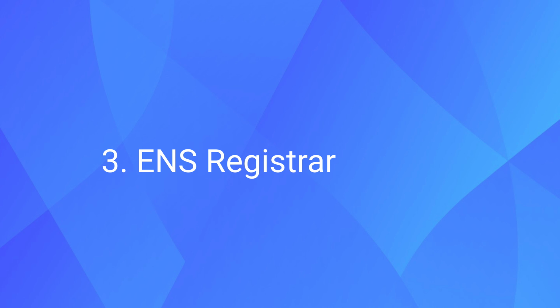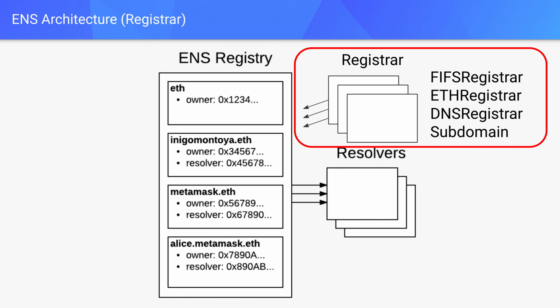So the final step is Registrar. I'll go back to the first diagram. As I mentioned, there's a registry and resolver, but there is also something called Registrar, which is kind of made-up terminology representing the ownership of a certain name.